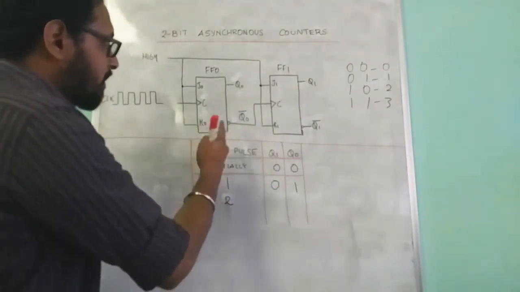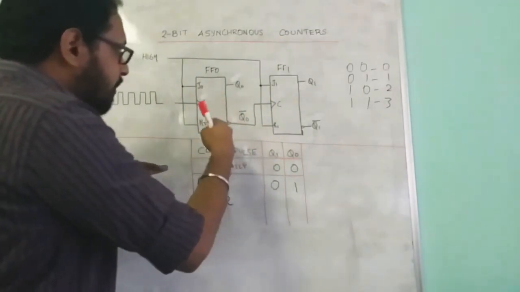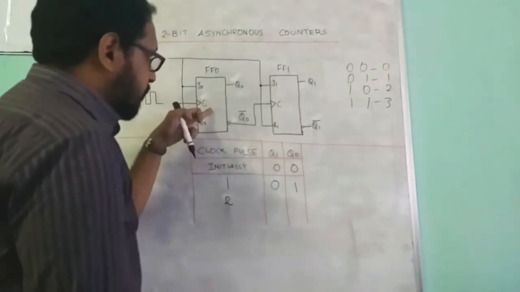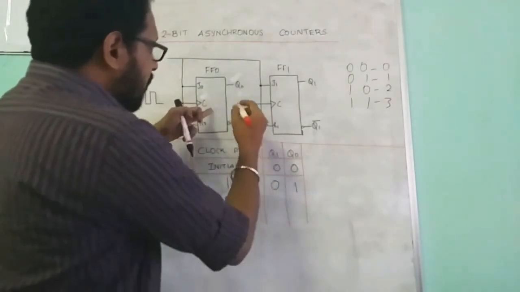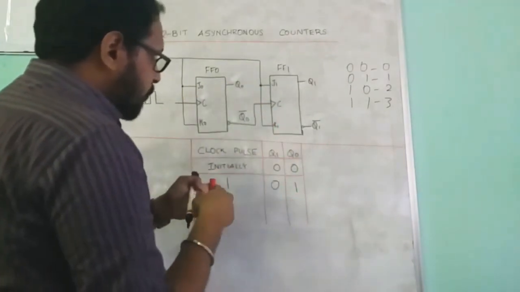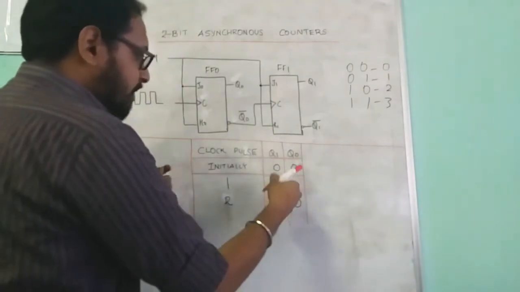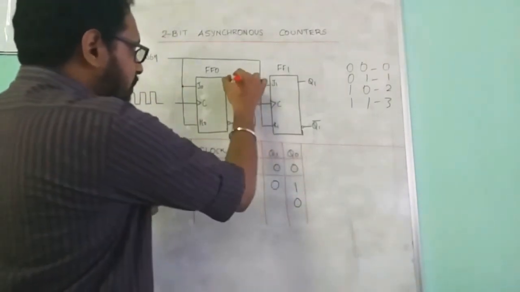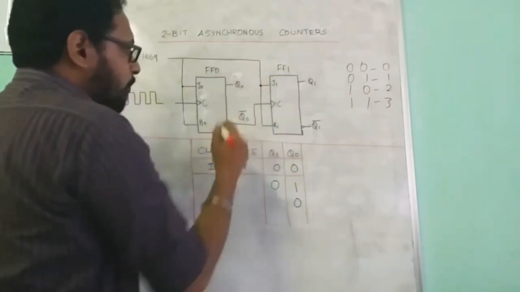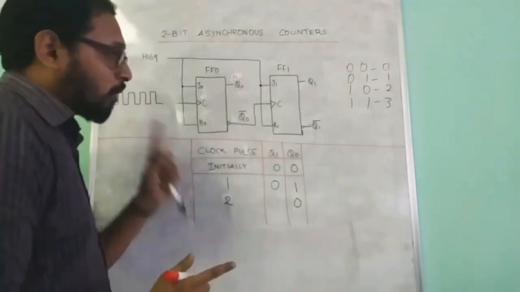So during the positive edge of the next clock pulse, which is applied to flip flop FF0, the 1 value in Q0, which was previously 1, will change to 0. And then Q0 bar will be 1.